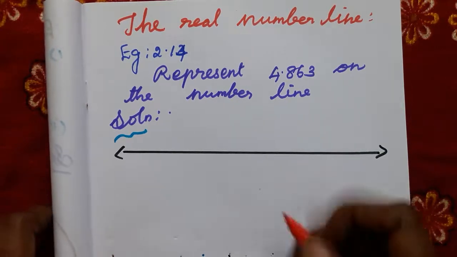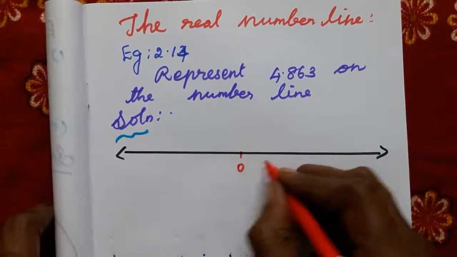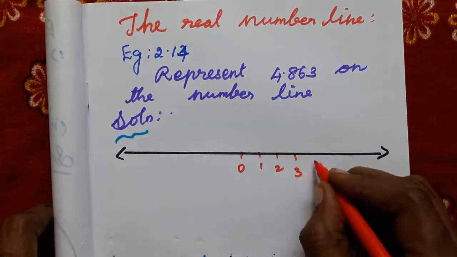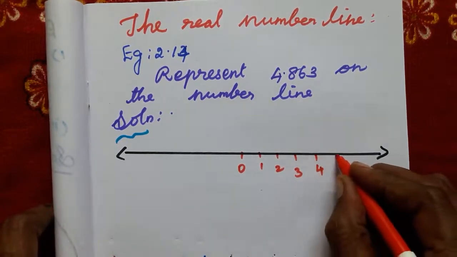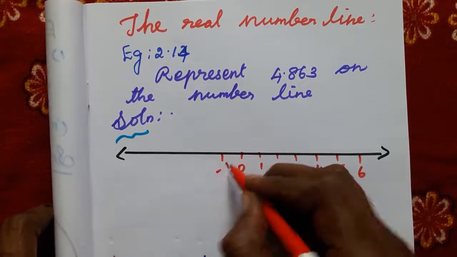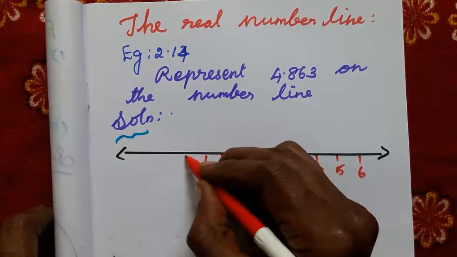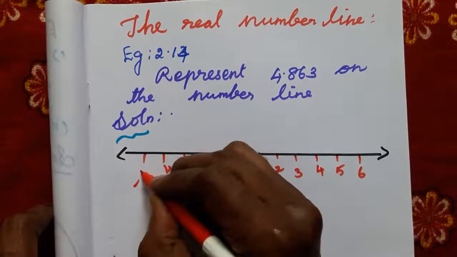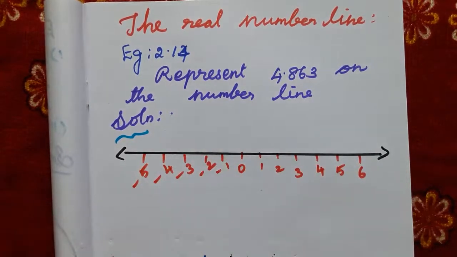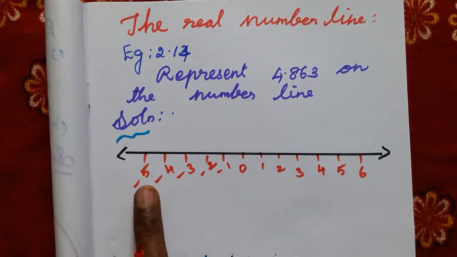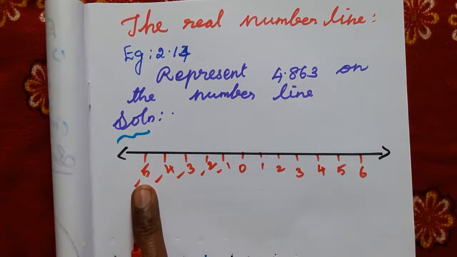In the middle, 0. Here 1, 2, 3, 4, 5, 6, and here -1, -2, -3, -4, -5, -6.